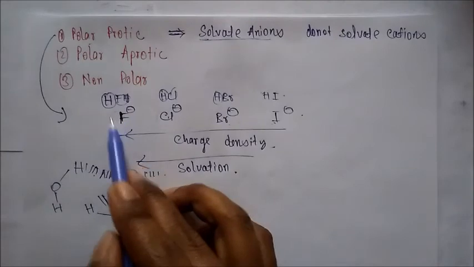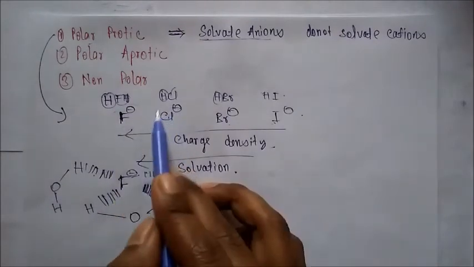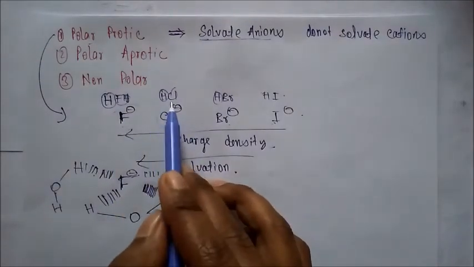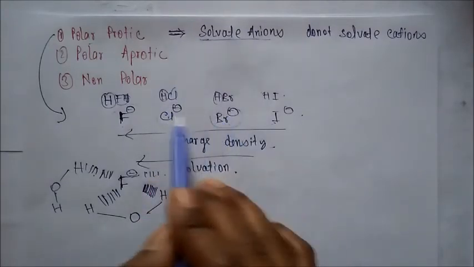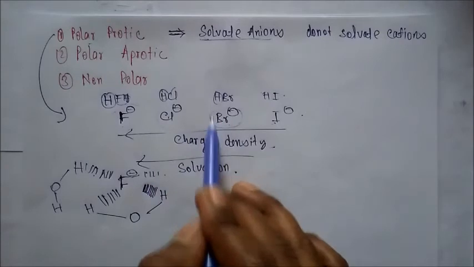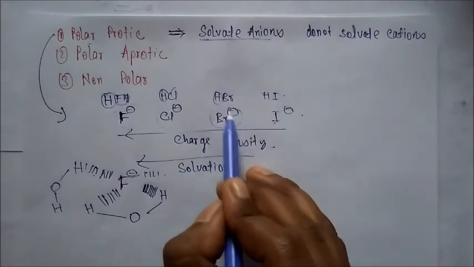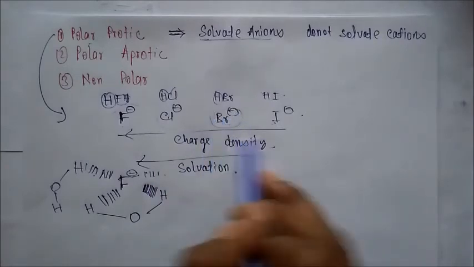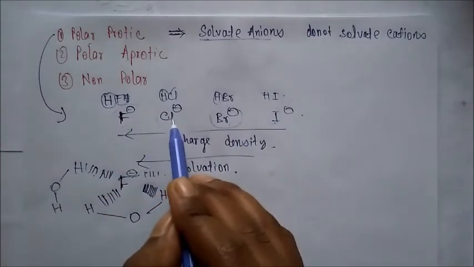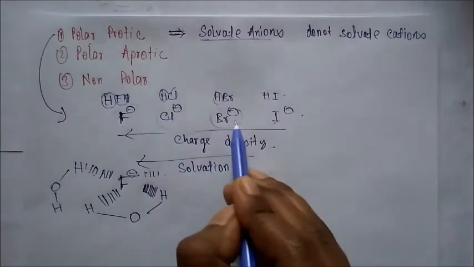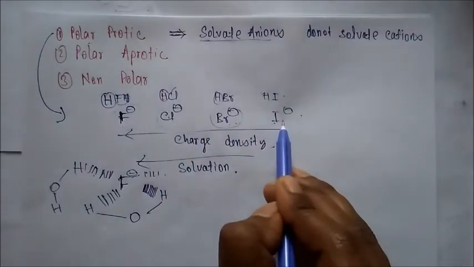So greater is the size of solvation, then chlorine will be solvated more as compared to bromine. So the size of chlorine will be greater than bromine. So bromine after solvation will get greater size than iodine. So F minus has greater size than Cl, Cl has greater size than Br, then Br has greater size than I after solvation.